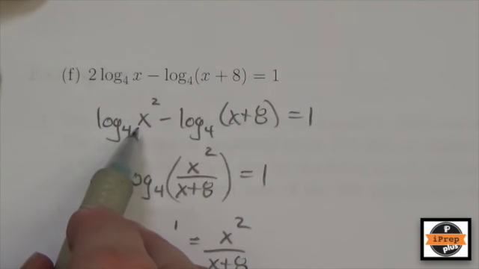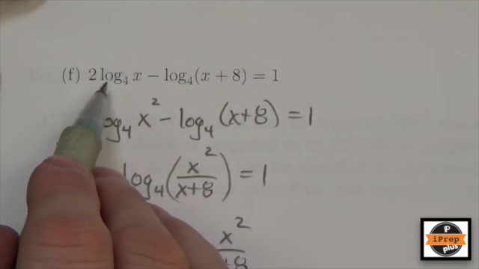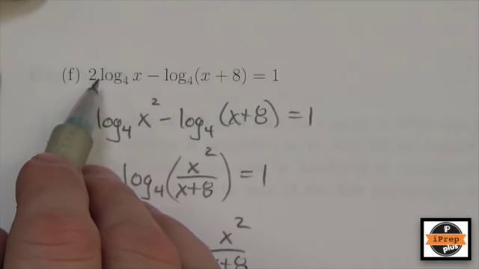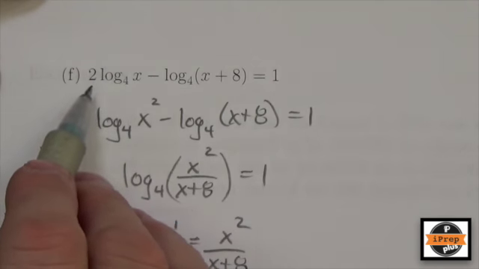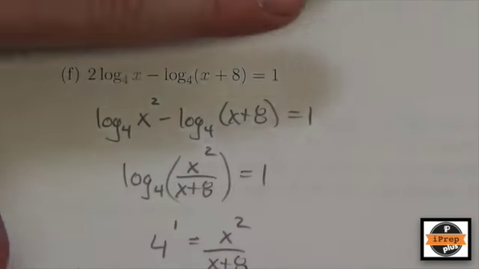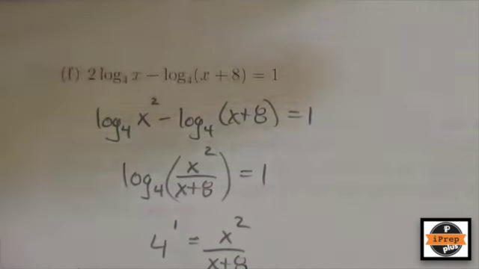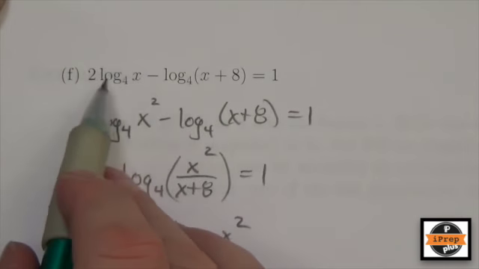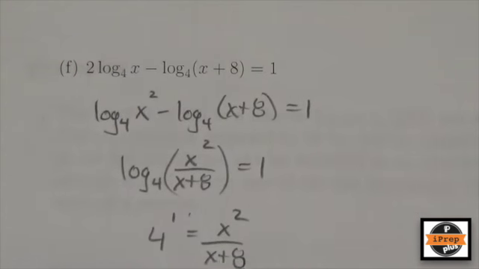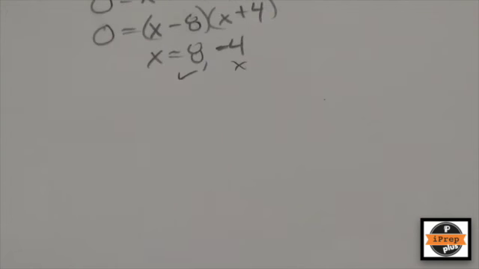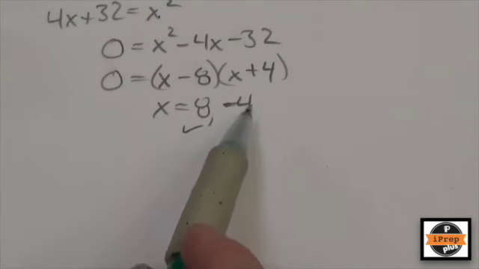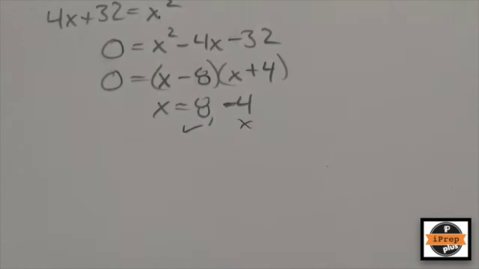Yes, you can take the log of that, but it doesn't work in the original statement of the problem, and that is the issue. If this had been the equation, negative 4 would have been just fine, but it wasn't. It was this one, and I'm not allowed to take the log of that negative, not at this level. So in this case I would have to kick out that negative 4 root, and so my only answer here would be 8.